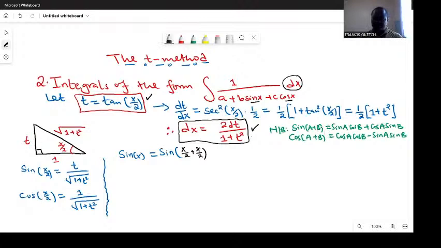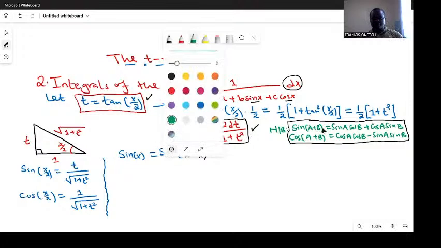This note is very, very important. We are going to use these two identities. One of them will help us expand sine of x over 2 plus x over 2. So let's use the first identity to expand it.